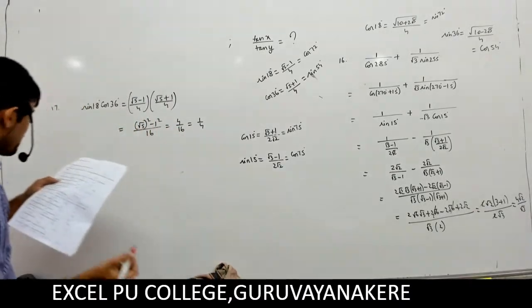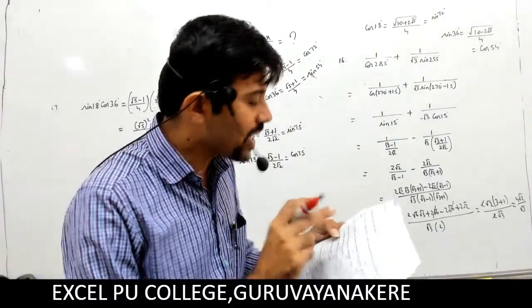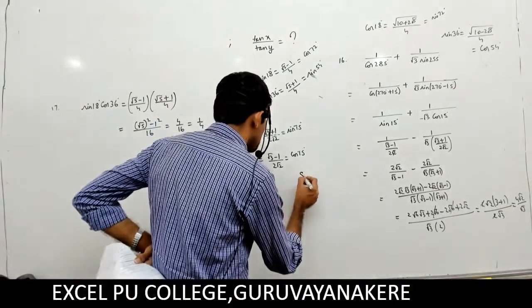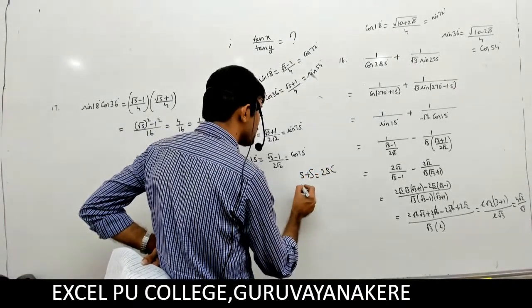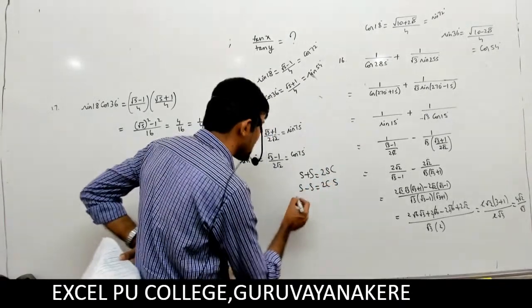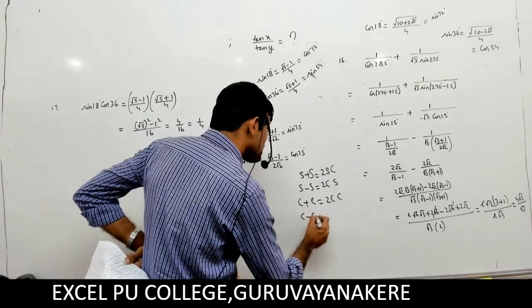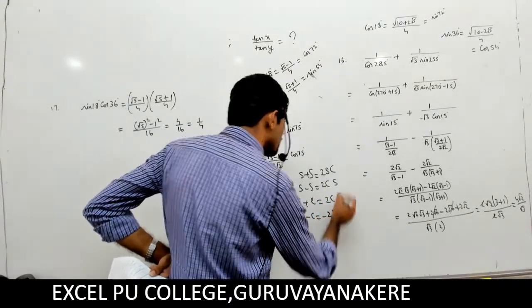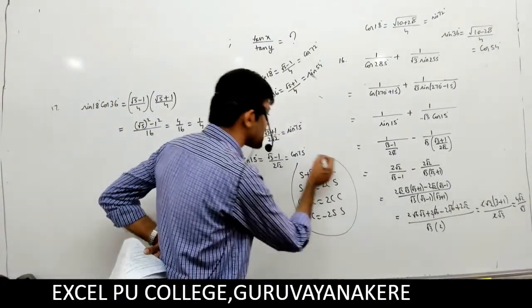The 18th one we have already done. For the 19th one you need to apply the transformation formulas. S plus S, C plus C: sin x plus sin y is 2 sin of x plus y by 2 cos of x minus y by 2. Sin x minus sin y is 2 cos of x plus y by 2 sin of x minus y by 2. C plus C is 2CC, and C minus C is minus 2SS. S stands for sin, C stands for cos.